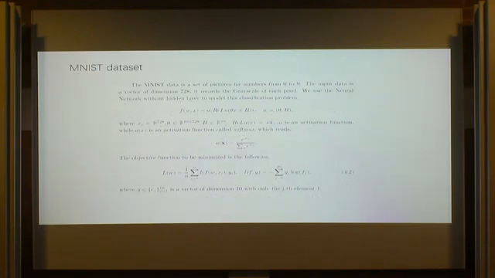So now we do some numerical experiments. This is a standard test case for machine learning, for image processing. The image is represented by grayscale values from 0 to 9. The input data is actually a vector of dimension 700-something, which records the grayscale of each pixel. And here we consider a single layer neural network. What we do is a composition of a linear function with this rectified linear unit, which is ReLU: x is x when x is positive and 0 otherwise.